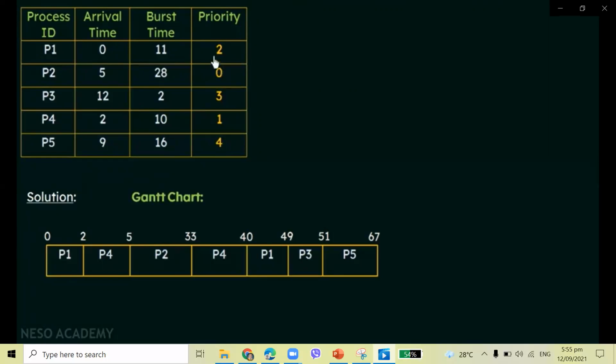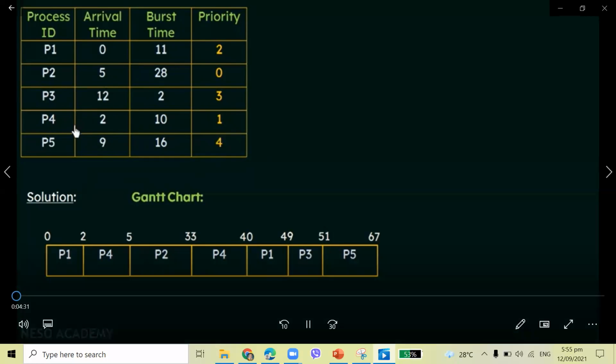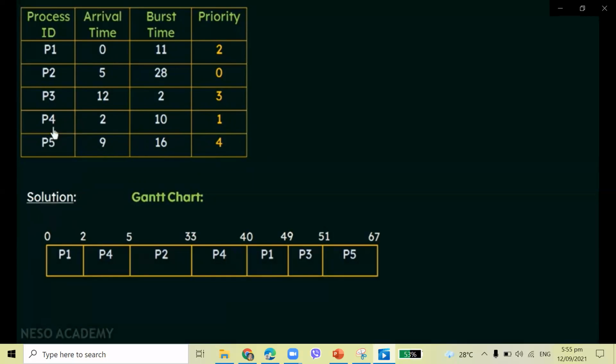P1's priority was 2 and P4's priority is 1. Always keep in mind that the lesser the value, the higher the priority. So P4 has the higher priority than P1. What will happen? P1 will be preempted, the CPU is taken away from P1, and P4 gets the CPU at 2 milliseconds.